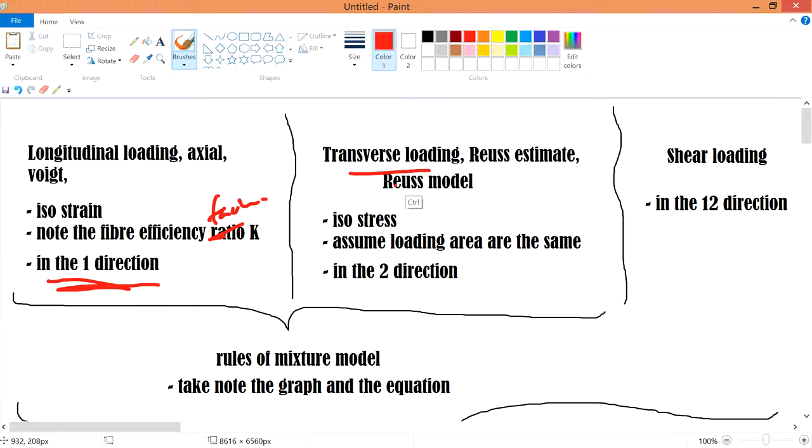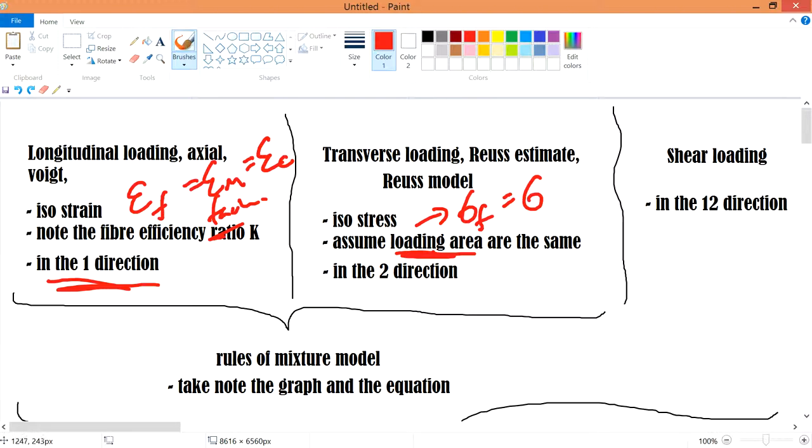Transverse loading is isostress, assuming the loading areas are the same. Isostrain means that the strain in the fiber equals the strain in the matrix equals the strain of the composite. Isostress means that the stress in the fiber equals the stress in the matrix and the composite.